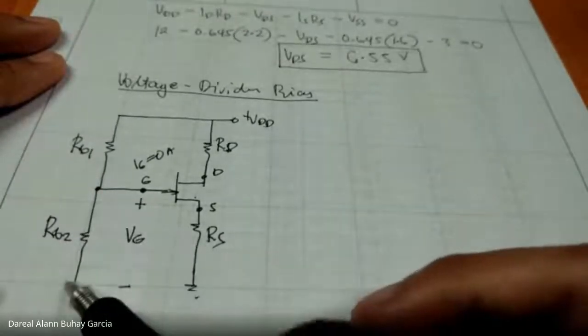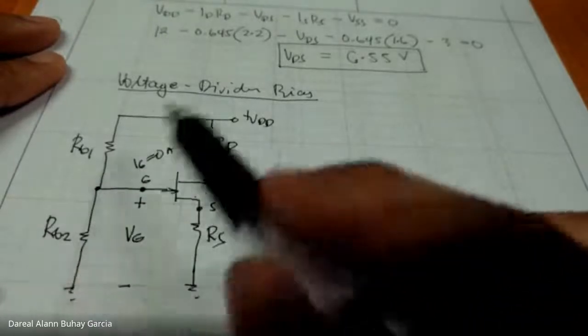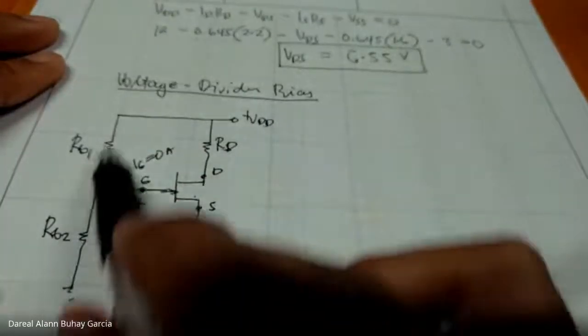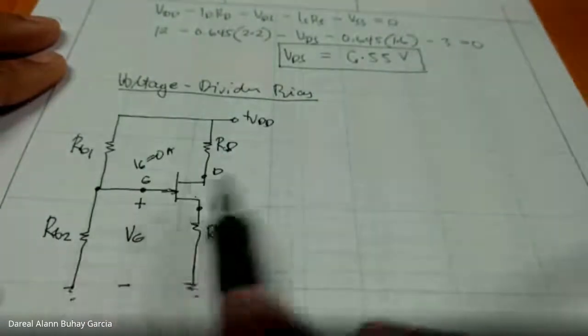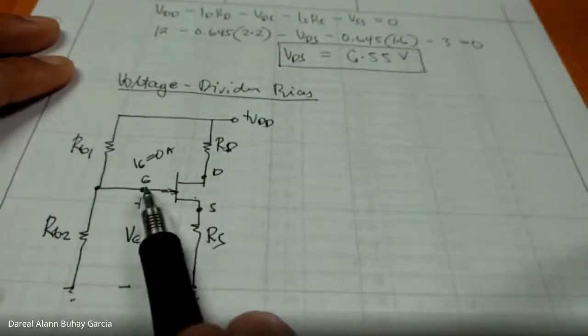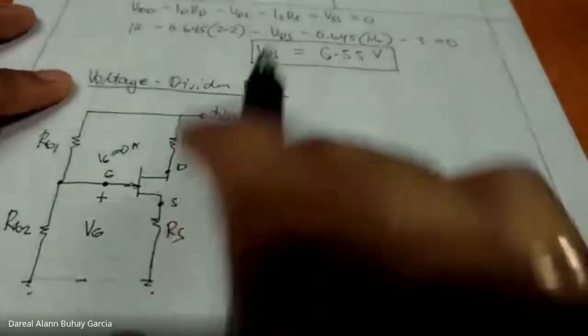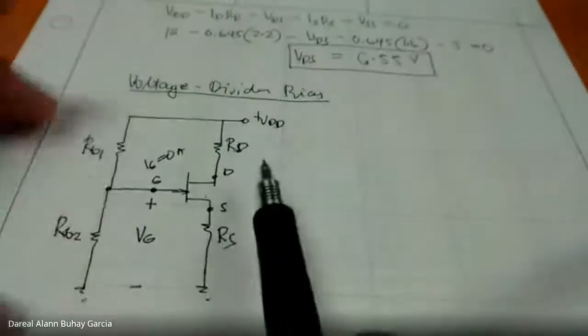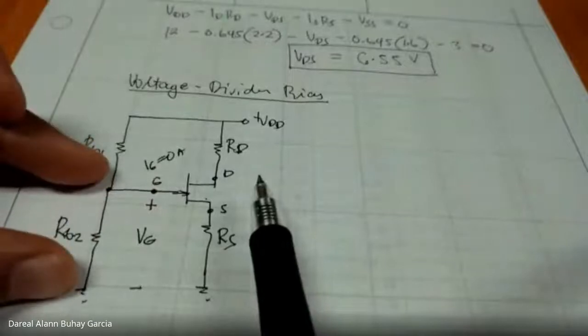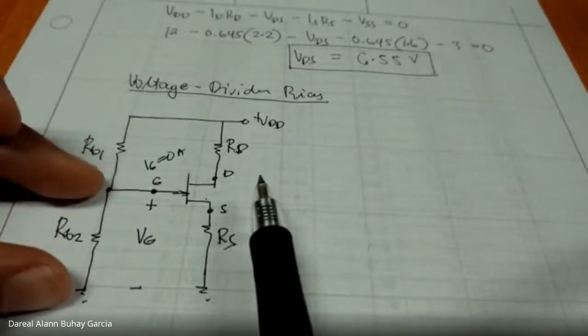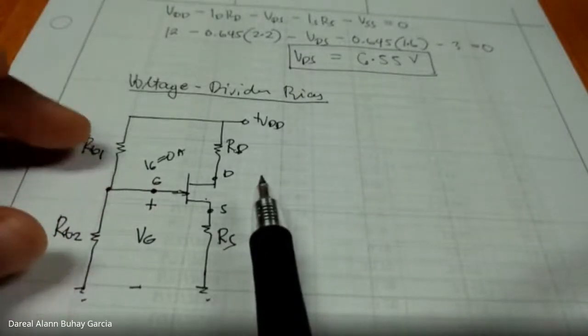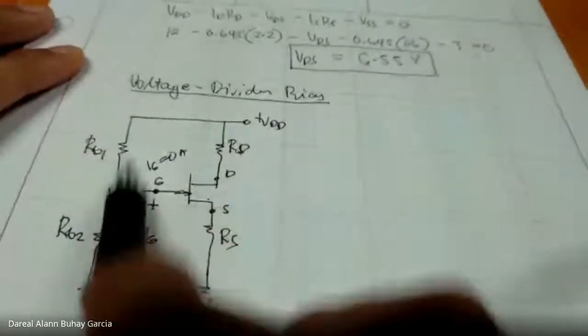And RG2 is just the voltage divider voltage of this branch. Without Thevenin, parehas ang equation natin nakuha kung magamit ang Thevenin.